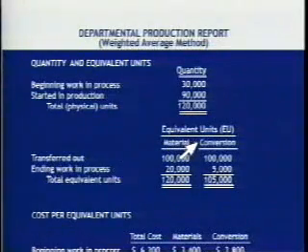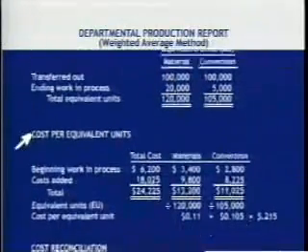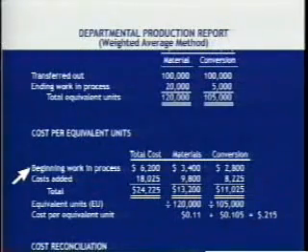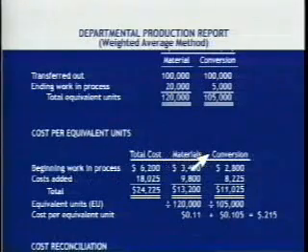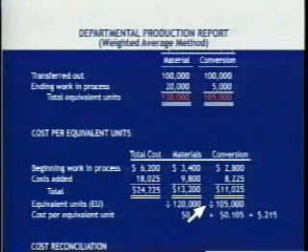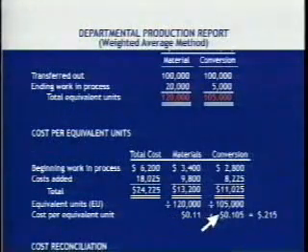The EU for materials and conversion come from the EU schedules shown previously. Section 2 reports cost information for beginning work in process and costs added during the period for materials and conversion. The materials and conversion costs are then divided by their respective EUs from Section 1. The result is per unit material and conversion costs, which are added together to get total unit cost.